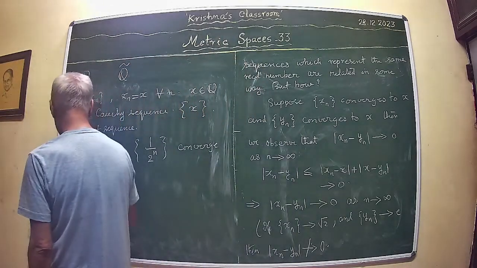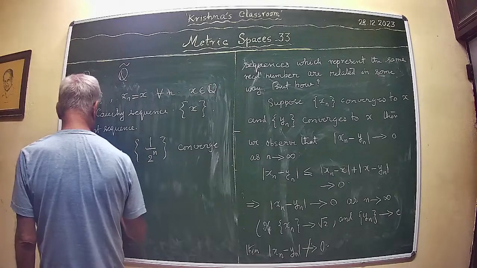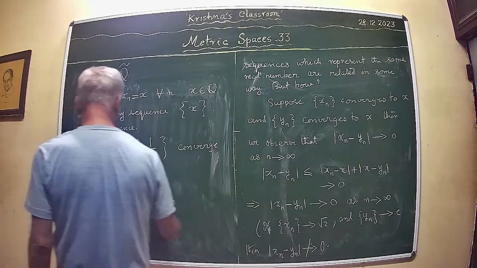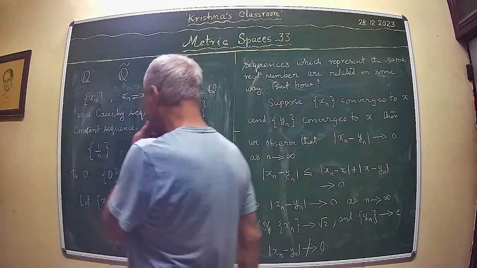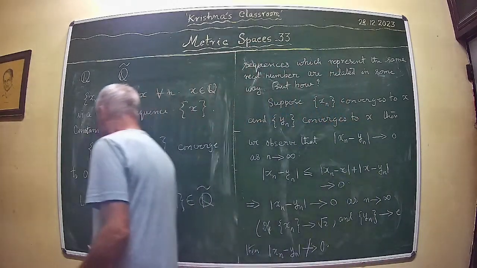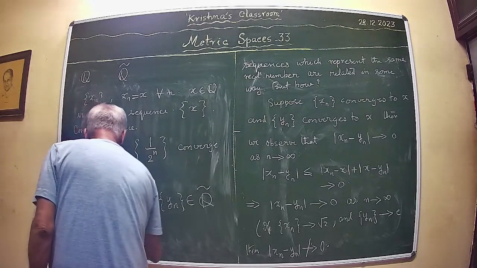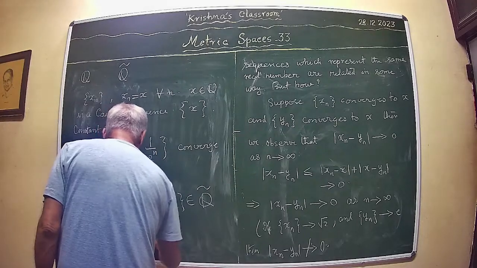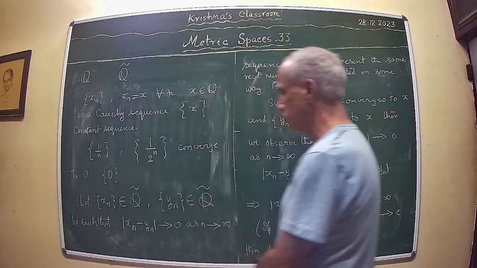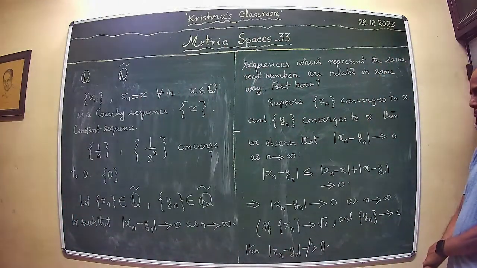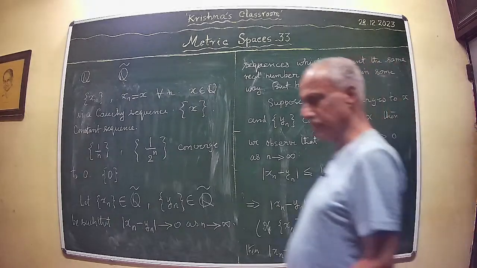So we let x_n and y_n be Cauchy sequences of rational numbers. Okay. So that defines a relation on Q tilde.